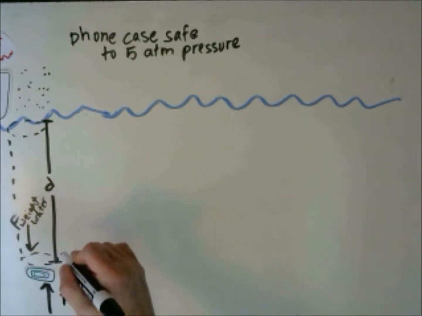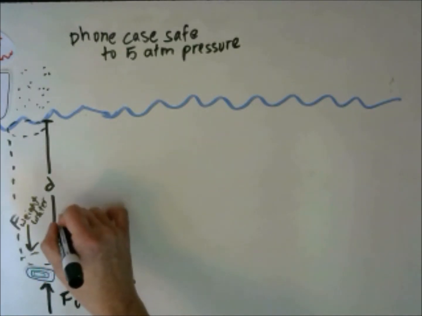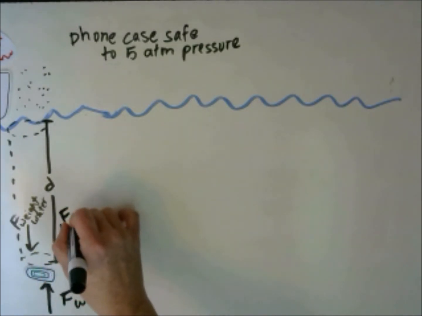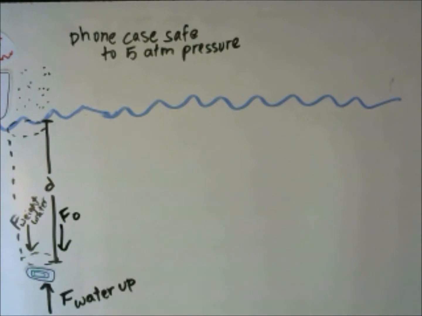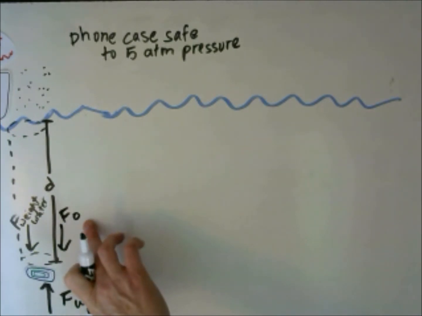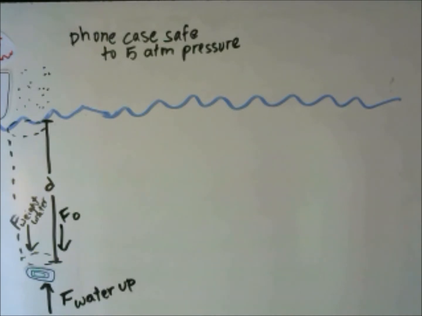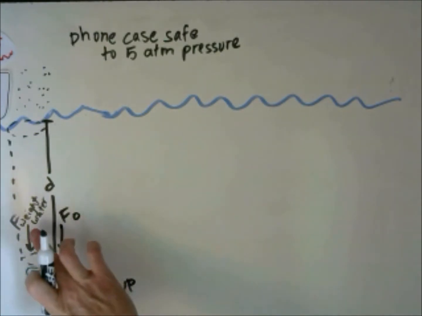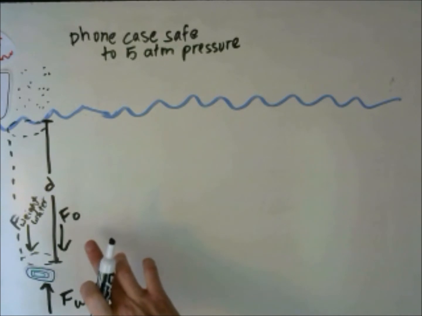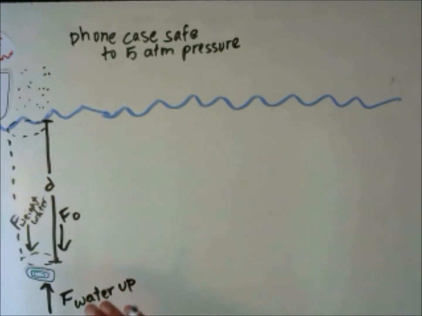So we're going to add another force, and we'll call it F naught. We used P naught to refer to atmospheric pressure. We'll use F naught to refer to atmospheric force. So we have three forces: the force of the weight of the water, the force of the atmosphere, those are both pushing down on the phone, and then we have the force of the water acting up on the phone.